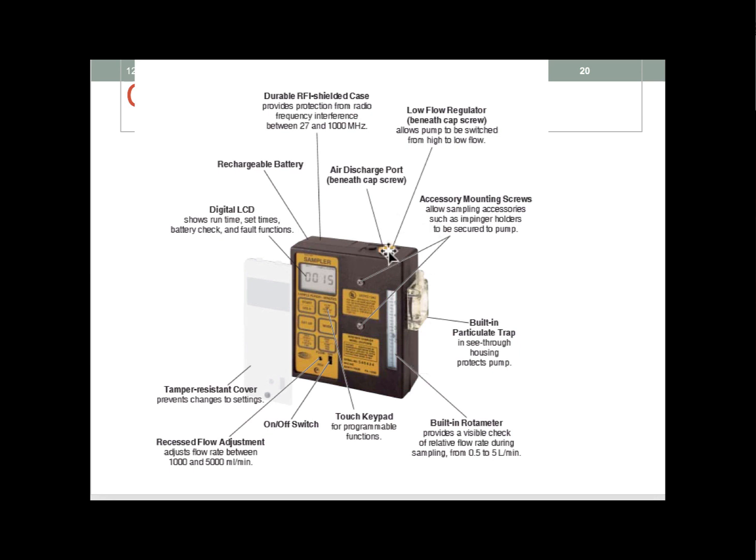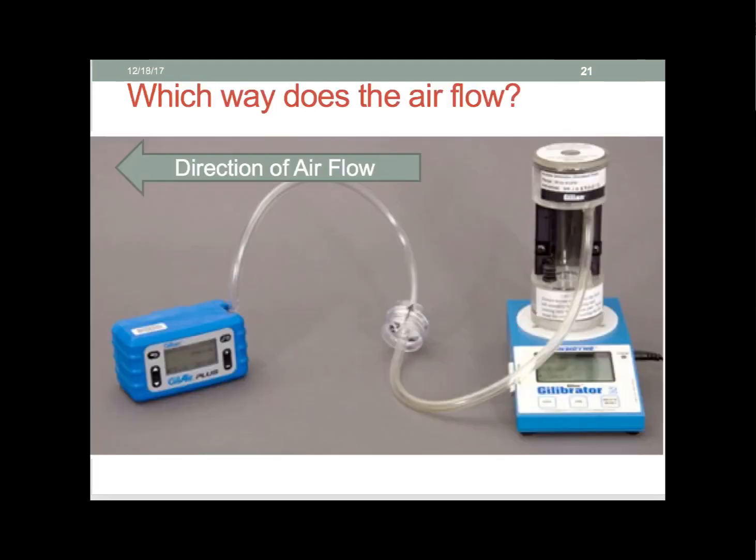These pumps come with low flow adapters, so you can turn the flow down to 0.1 liters per minute. And of course, they have some form of charging station so that you can charge them or plug them in.